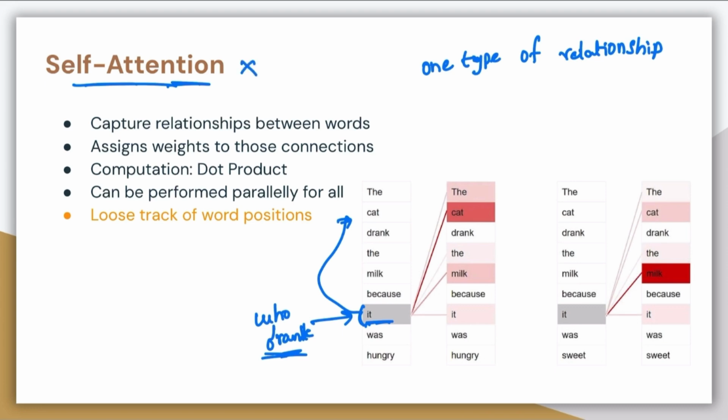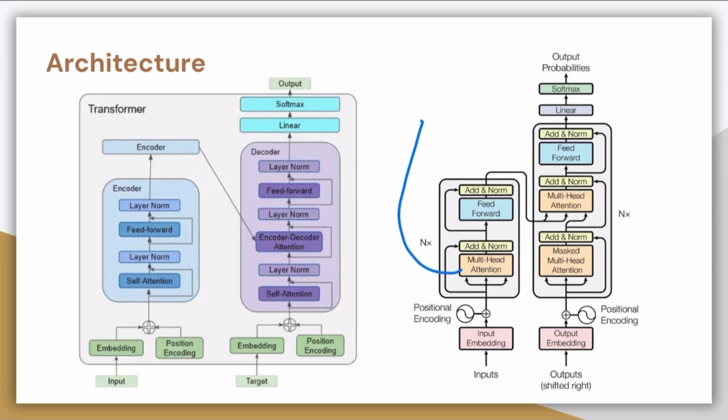We need to use multiple self-attention blocks, and each focuses on different aspects of that particular sentence. One can be meanings, one can be semantic information, one can be grammatical structure, etc. So multi-head attention is actually a combination of multiple self-attention blocks. This multi-head attention is actually multiple self-attentions.